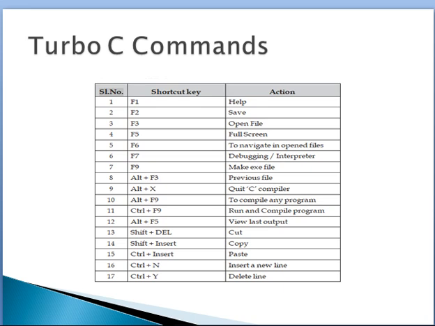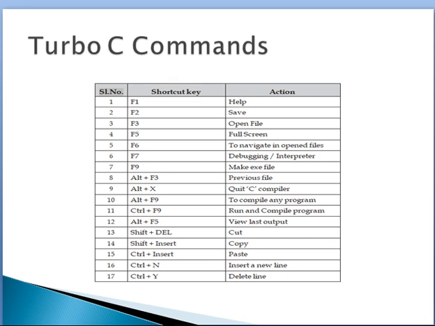Turbo C commands. These are the Turbo C commands we use in the Turbo C editor. F1. This shortcut key is used for help. F2. This shortcut key is used to save a program. F3.